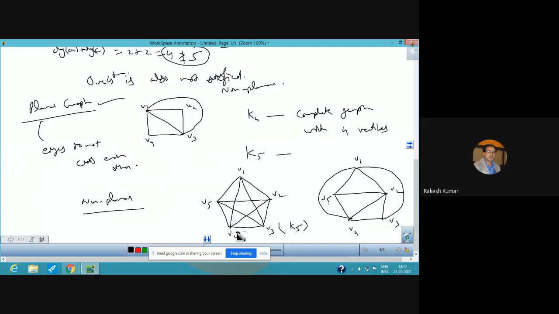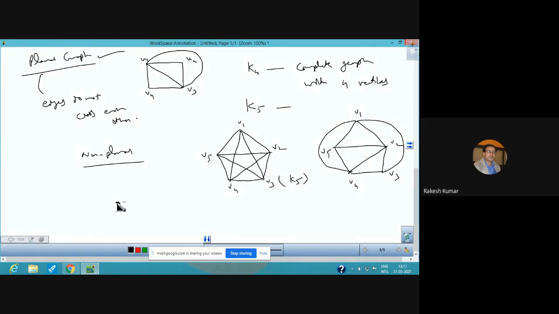Yes, the result for checking the planarity of the graph is that 3 times the number of vertices minus 6 should be greater than or equal to E. This is the condition for planarity. Remember this formula for checking the planarity of the graph. N is the number of vertices. So 3 into 5 minus 6, that comes out to 15 minus 6, which is 9.